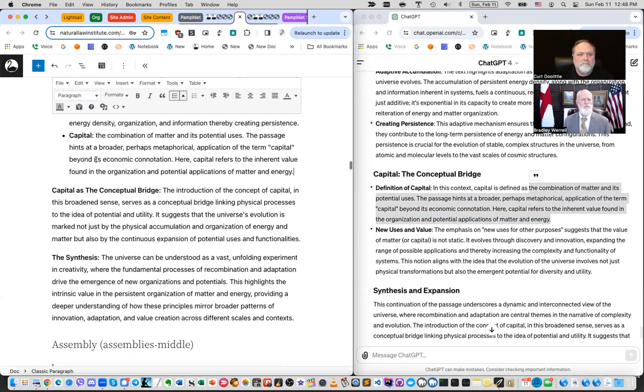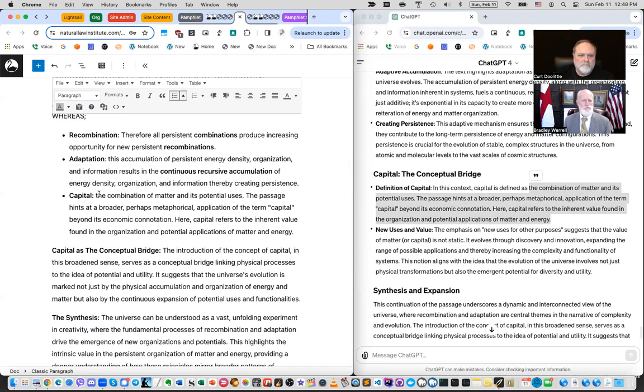Uses. It's like functionality, functions, yeah, potential functions.